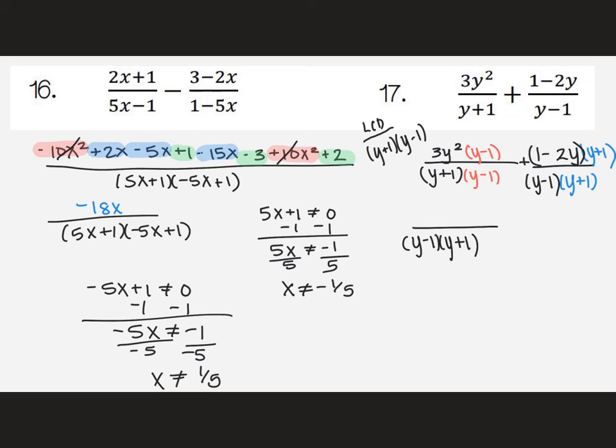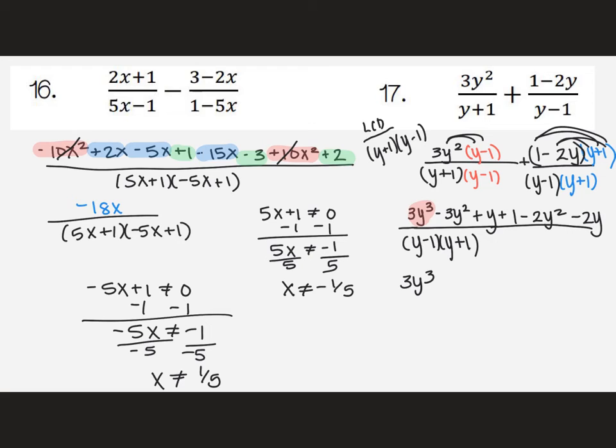I would rewrite as one problem. And as I'm rewriting, I'm also going to distribute. So I would have 3y to the third minus 3y squared plus y times plus 1 minus 2y squared minus 2y. I can combine any like terms, so I have a 3y to the third.